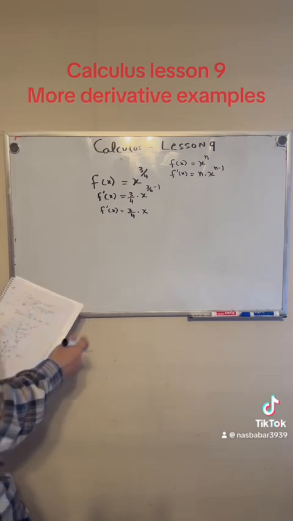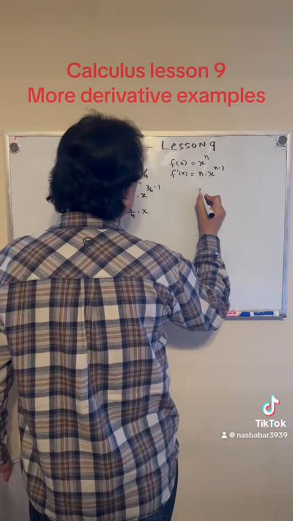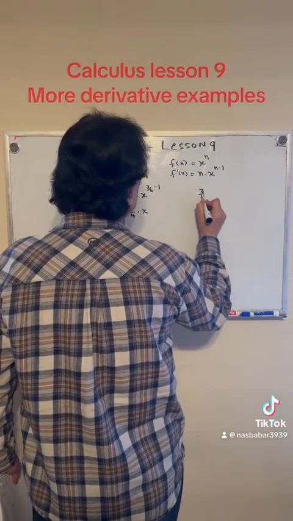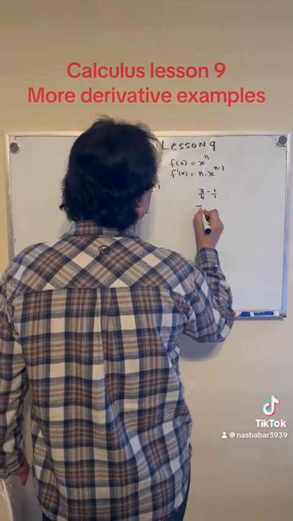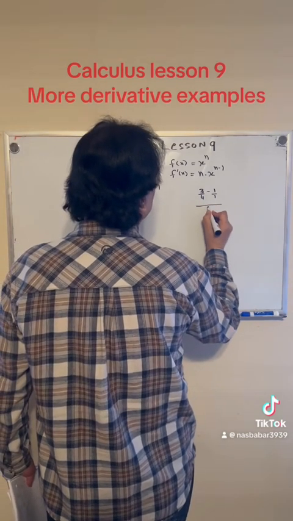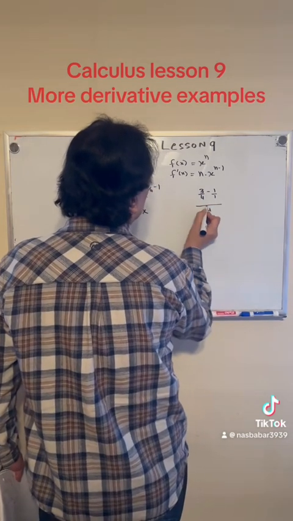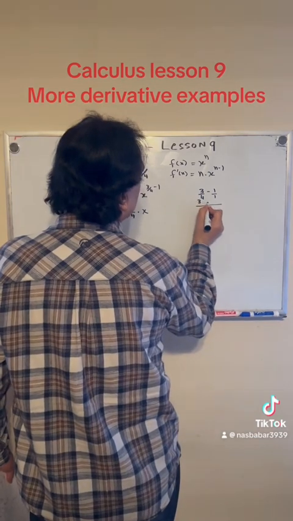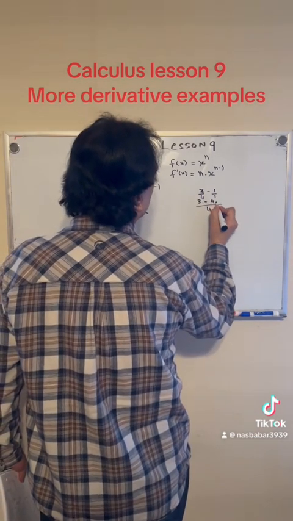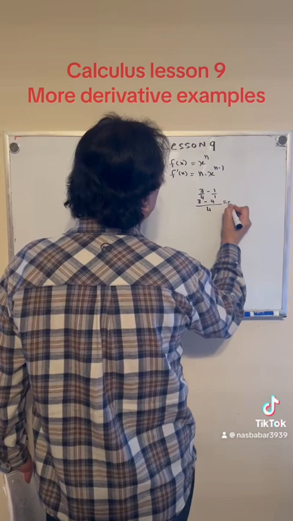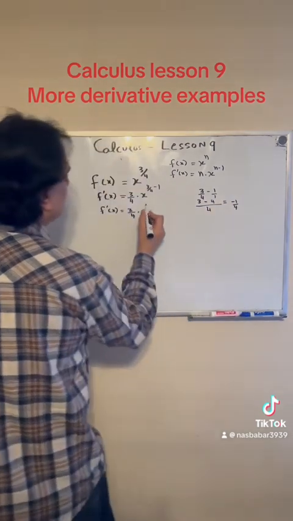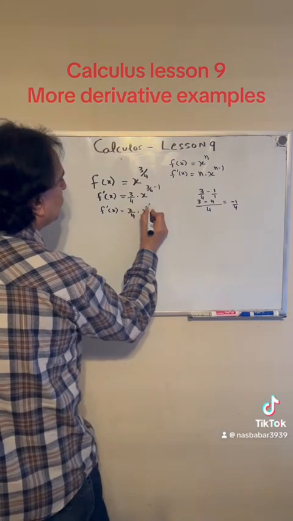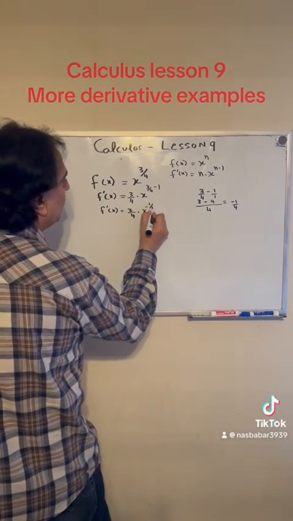Well, you can do some algebra on the side. You can say 3 over 4 minus 1 over 1. You take the lowest common denominator, LCM, 4. Then you get 3 minus 4. So essentially you will get minus 1 over 4. Okay, so then I can write x raised to the power minus 1 over 4.